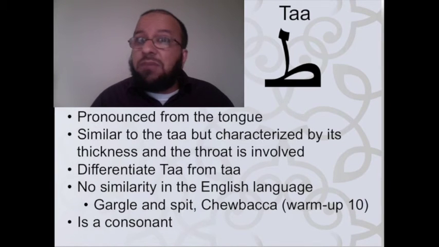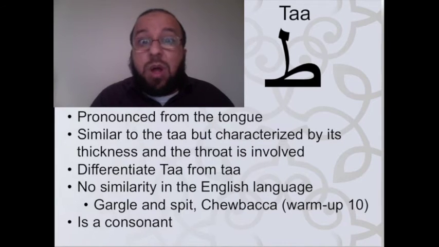Again, throat involvement, but the letter ta does not involve the throat. But for the letter ba, there is force coming from the throat. It's like this. Ba, ba, ba, ba.